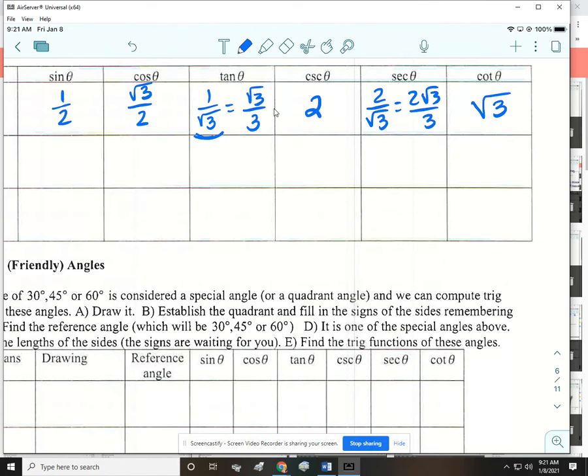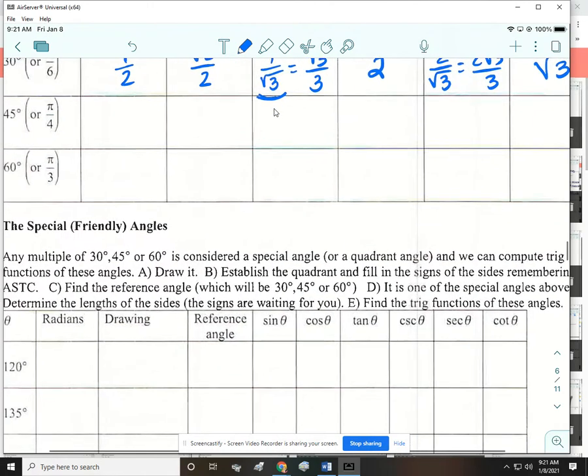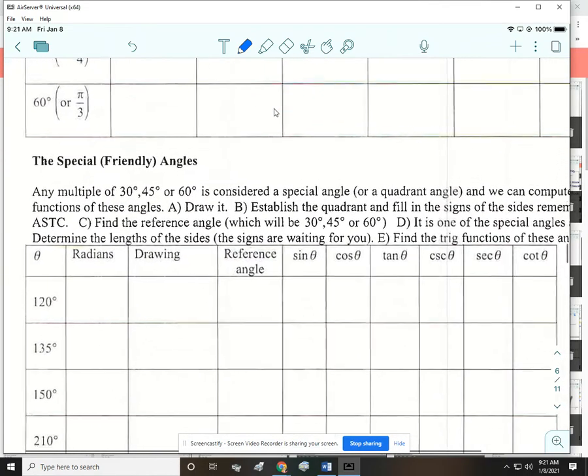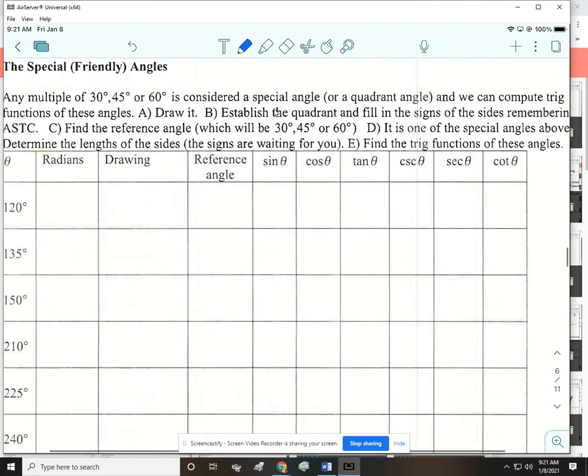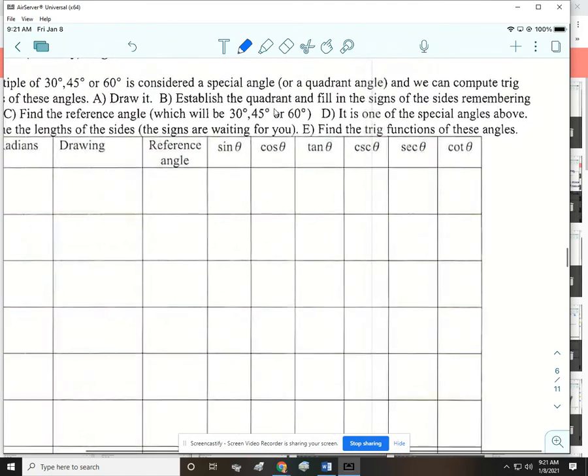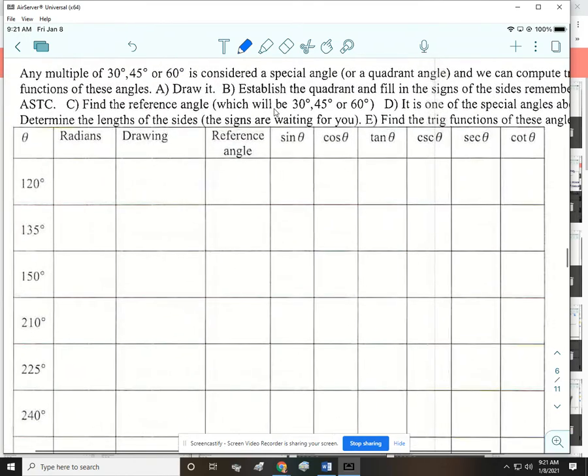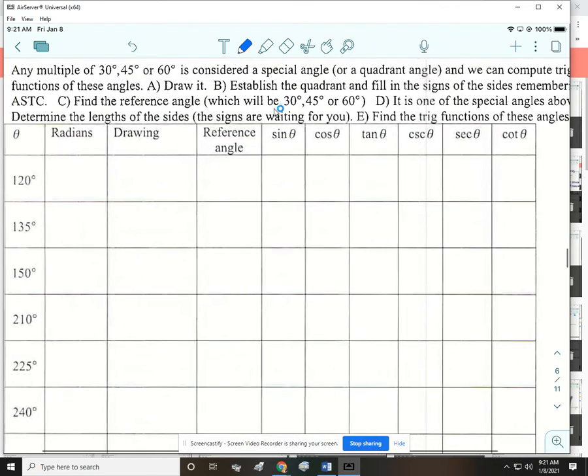All right, now when we get out of quadrant 1, it starts getting a little more difficult. So any multiple of 30 degrees, 45 degrees, or 60 degrees is considered a special angle or a quadrant angle. So we can compute the trig functions of these angles by drawing them, establishing the quadrant, and filling in the signs using All Students Take Calculus.